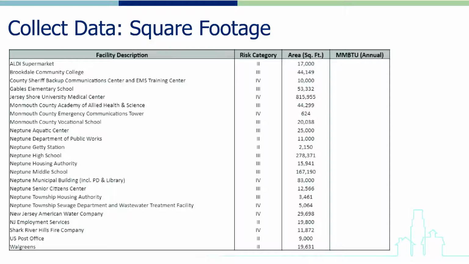Whatever square footage calculation method is used, the final results for each facility should be added to the master spreadsheet. As can be seen in this table, this was done for all 23 Neptune facilities identified during the preliminary site identification phase.